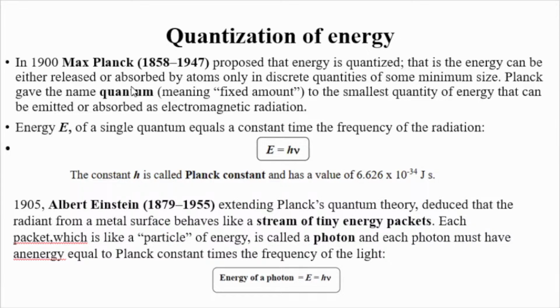If it is mentioned as 15 kilogram, it is 15 kilogram. We can't put more. That is the same phenomenon happening in energy also. Energy also, these are not continuous. There is a minimum size that can release or absorb.